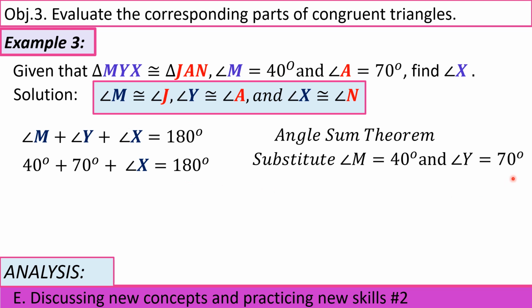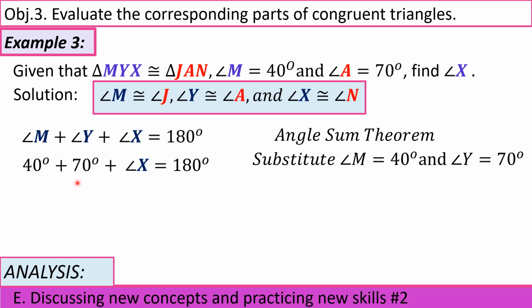Substitute din natin ang value ng angle Y which is 70 degrees. Now, kung nakikita natin, walang given na angle Y dito na 70 degrees. Ang given here is angle A na 70 degrees.